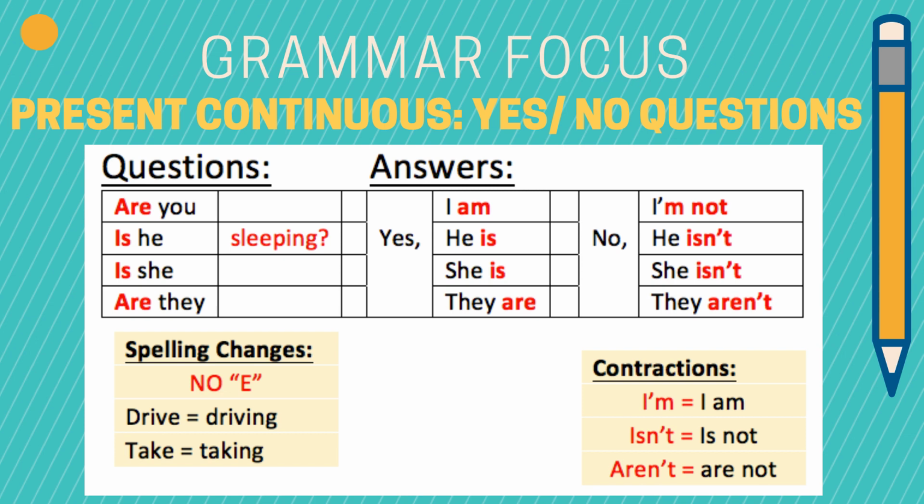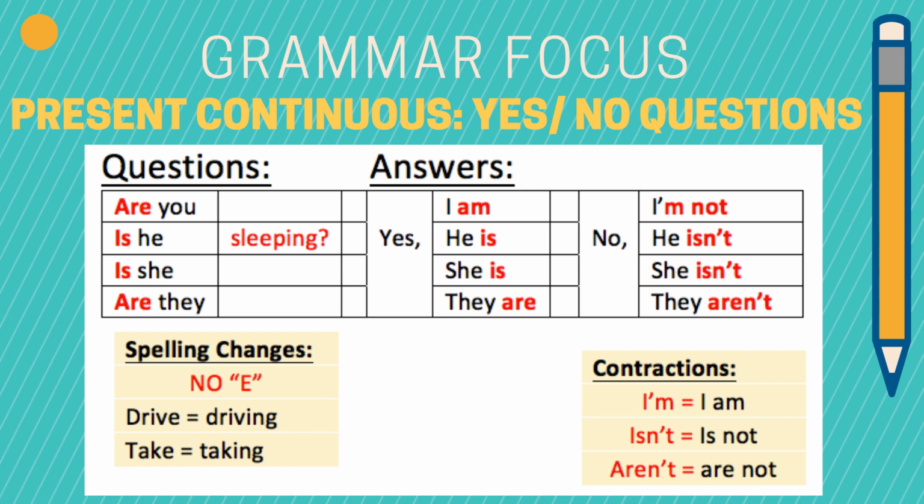In the last lesson, we talked about contractions. Contractions are two small words pushed together with an apostrophe to make a contraction. For example, I am, the contraction is I'm. Here's two new contractions.